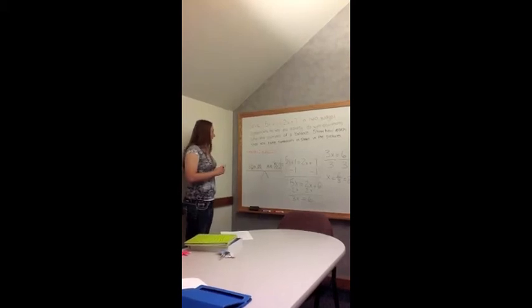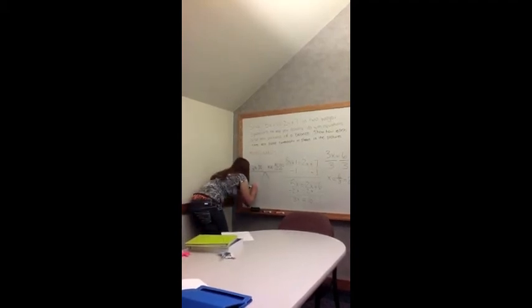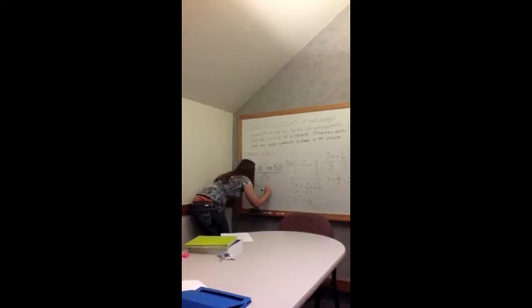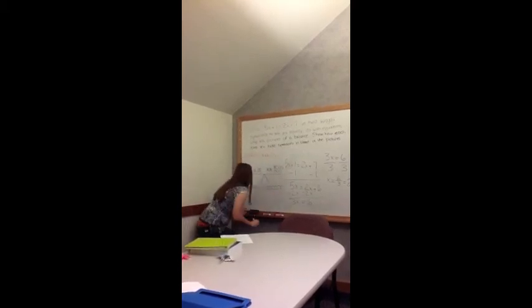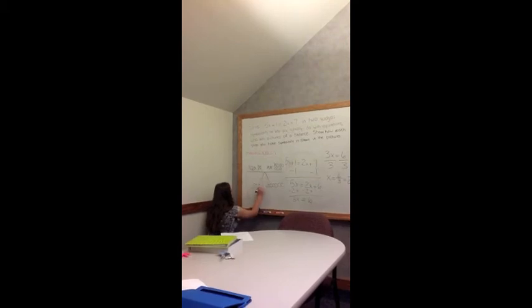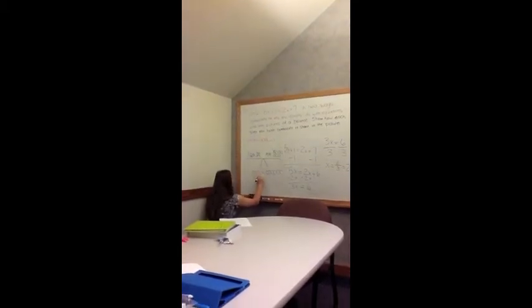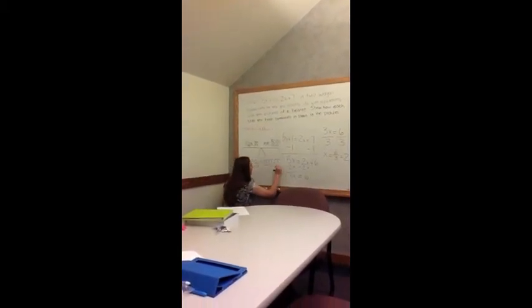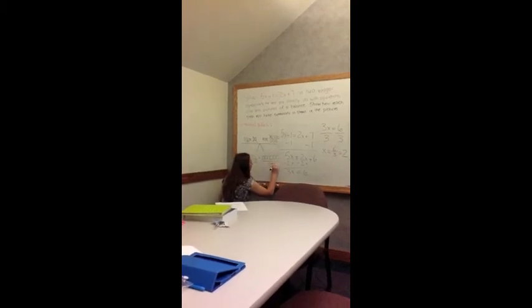So how are we gonna find out what x is? So we have 3 x's equals 6. So we are going to want to divide these 3 x's. Take 3 x's here.